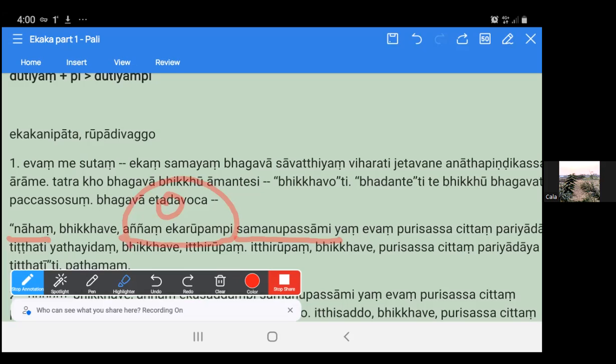Let me make it simple. Ahaṃ samanupassāmi. I see aññaṃ ekadhammampi, I see one object. So the negative will be Nāhaṃ: I do not see any other one object. Can you follow me so far?